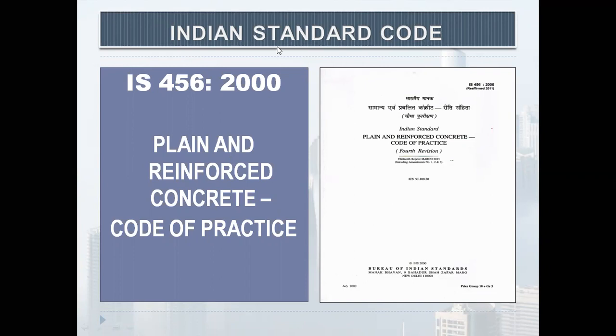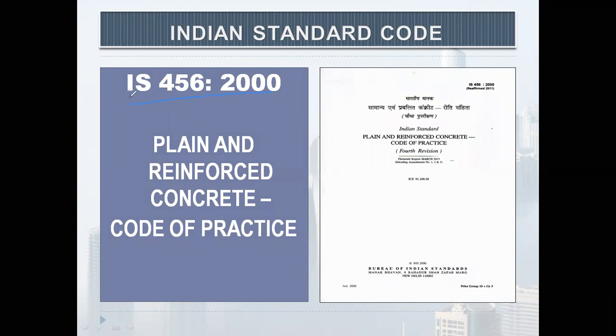I'll suggest that you please make sure you have this IS code on your computer or laptop if you are using online mode, right? It is easily available on Google or any other site, so you can easily download it from there.